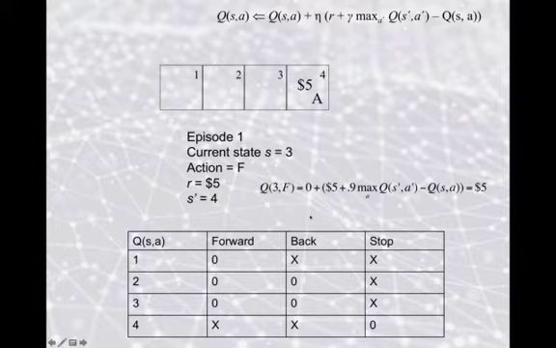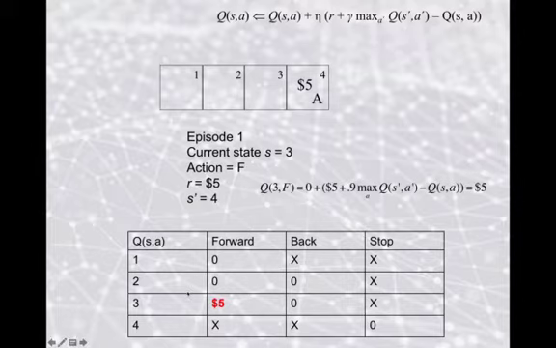If I just look at the chart, it's a 0 there, plus the reward I just got and the discount factor. And then we look at the difference between the next states and actions minus the current value. So that's going to be 5. There are no other states, other actions I can take. Remember, we stopped there. But importantly, we did get an update to that state action pair.